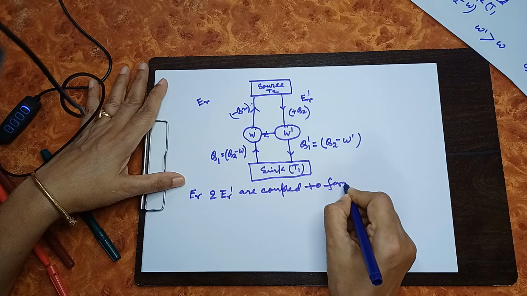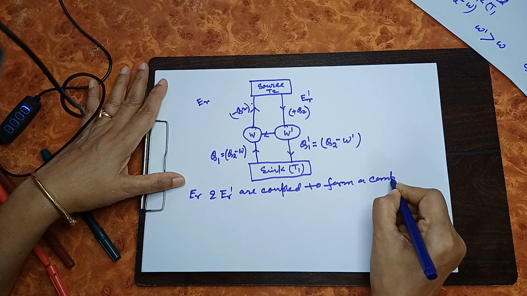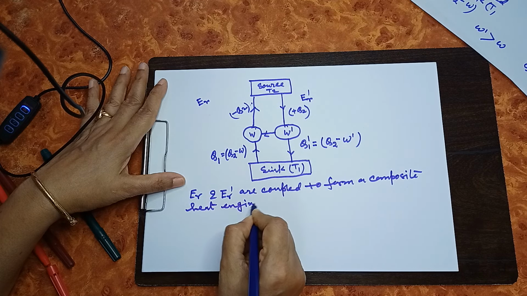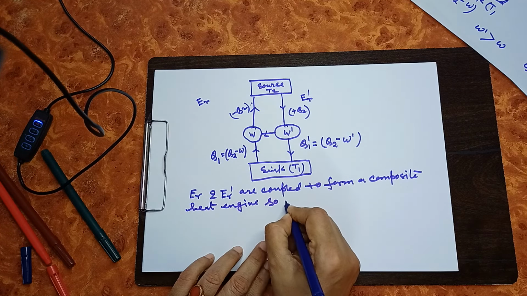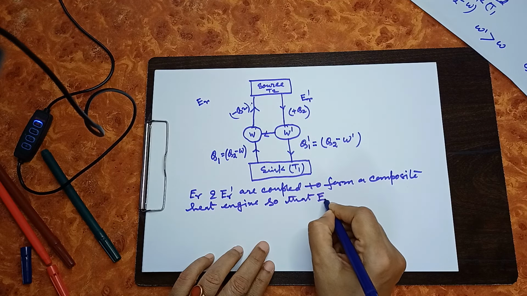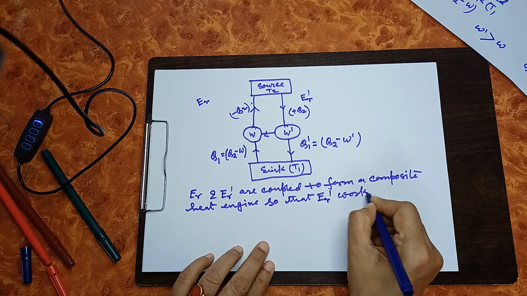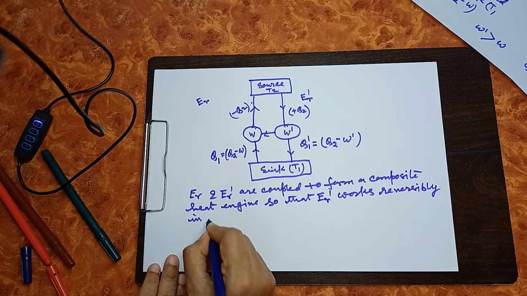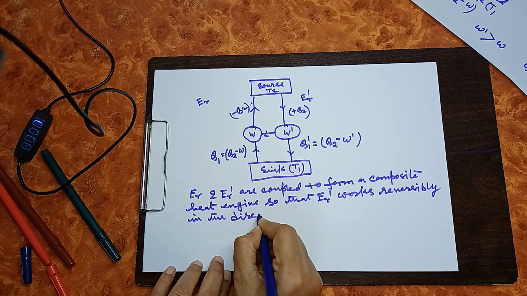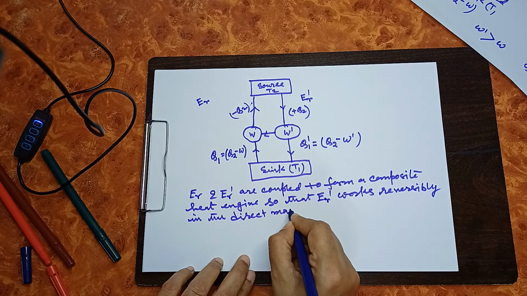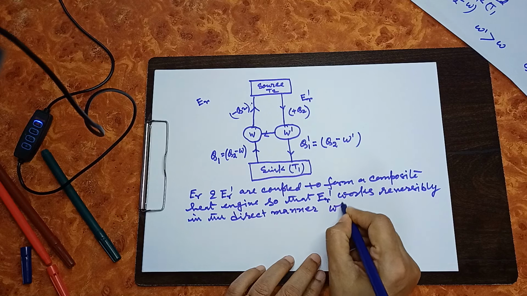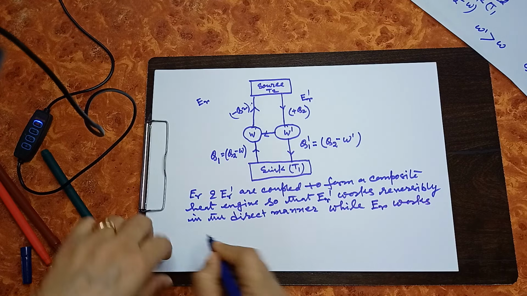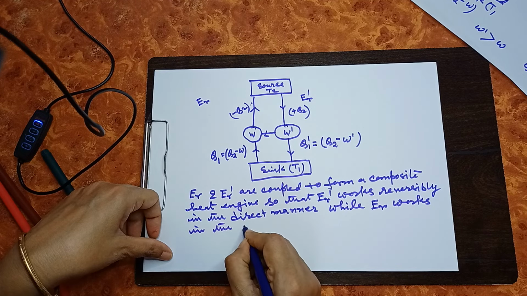So, ER and ER dashed are coupled to form a composite heat engine so that ER dashed works reversibly in the direct manner, while ER works in the opposite direction.